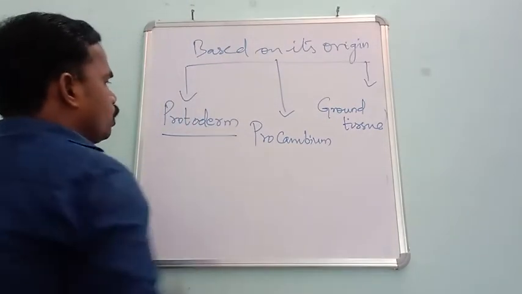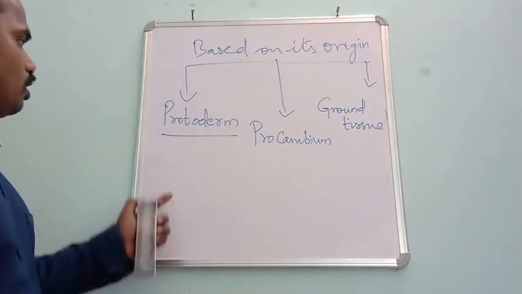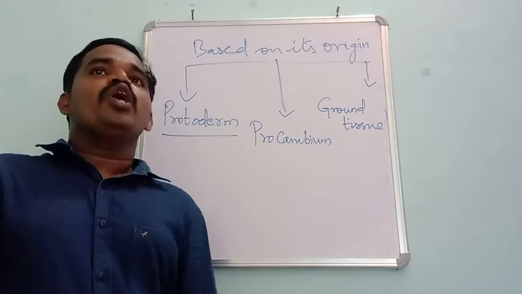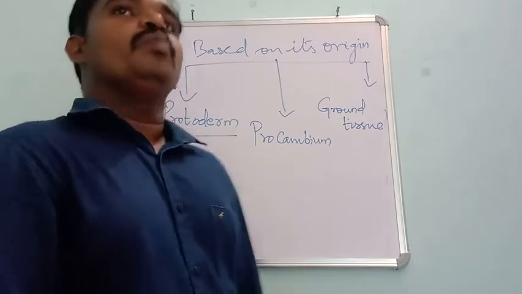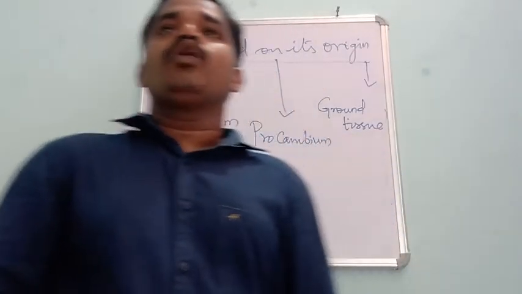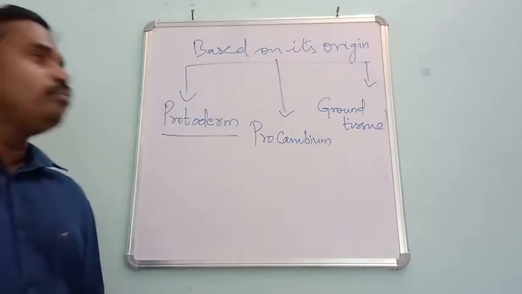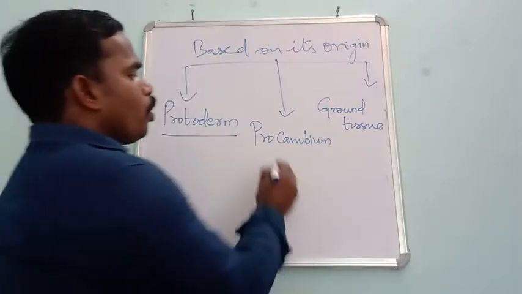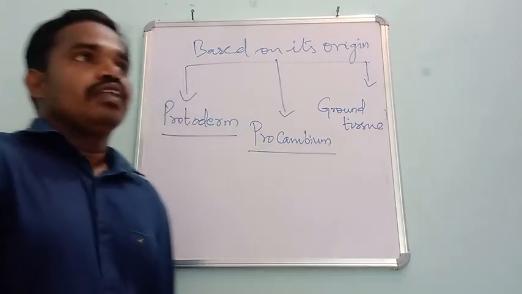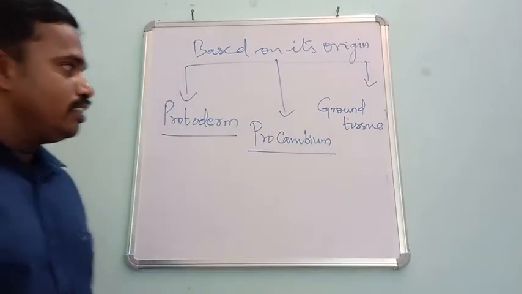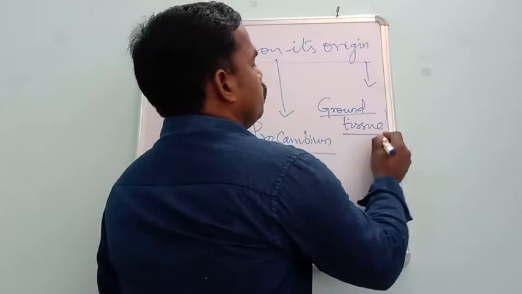What is protoderm? The protoderm is derived from the embryonic stage of the plant. So it is involved in the primary structure of the plant. Procambium: vascular bundle formation and epidermis.